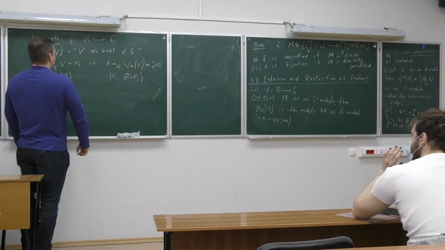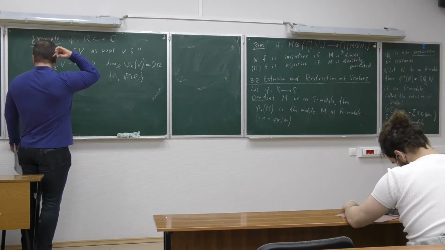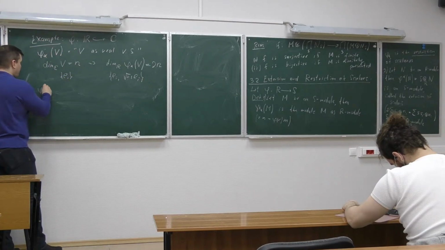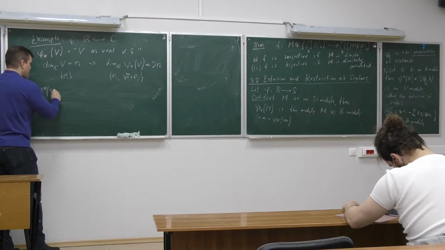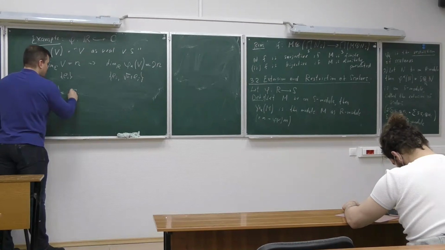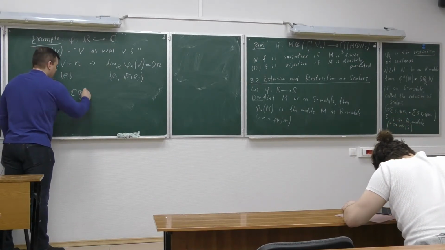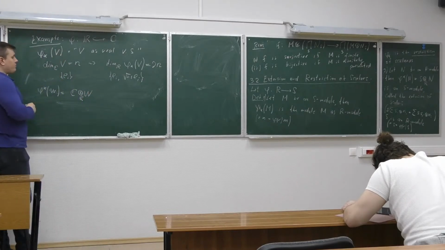Okay, so you consider the complex vector space as a real vector space, and what will be the extension of scalars, phi upper star, of this now real vector space? Maybe I call this W. This will be just the tensor product over real numbers with complex numbers. So this is the complexification of the real vector space.